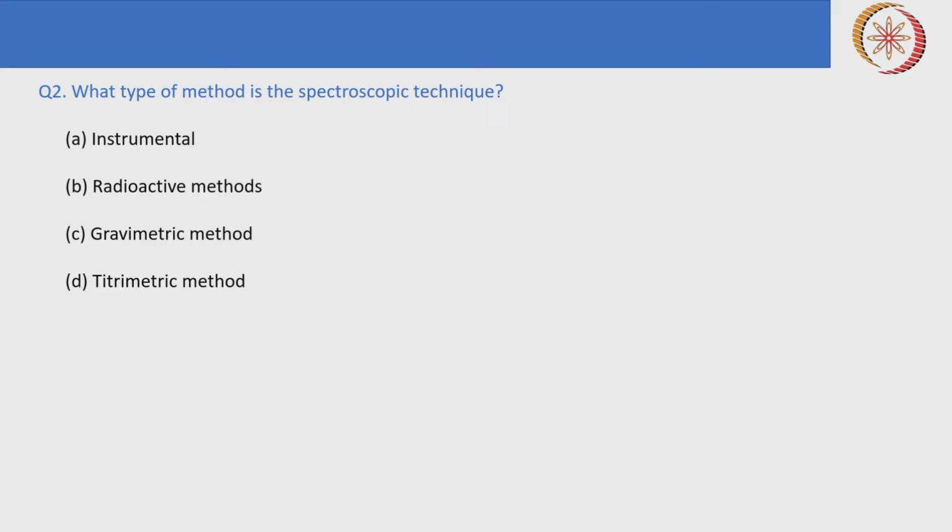The next question is: what type of method is the spectroscopic technique? There are four options: instrumental, radioactive method, gravimetric method, and titrimetric method.